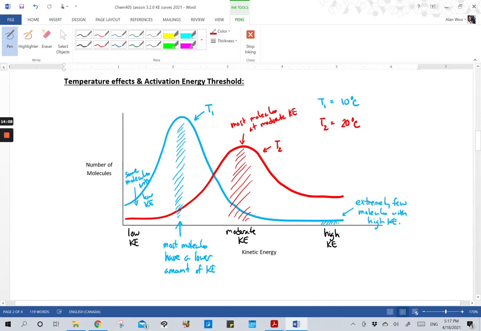Now because you've increased the heat, you've also increased the number of molecules that have high KE compared to T1. So here you have some molecules. It's some because it's not most. So some molecules with high KE.